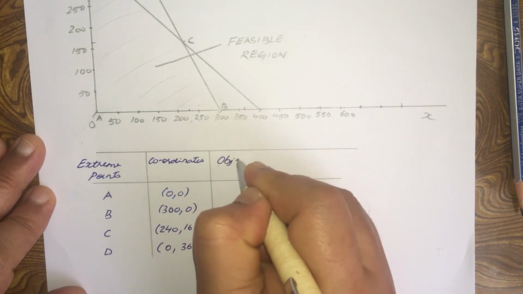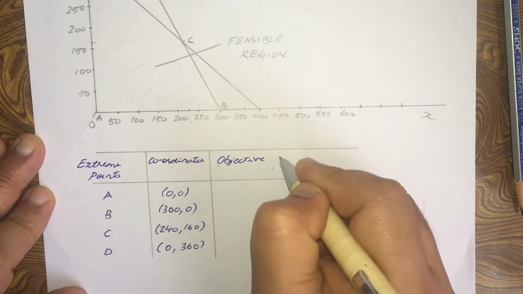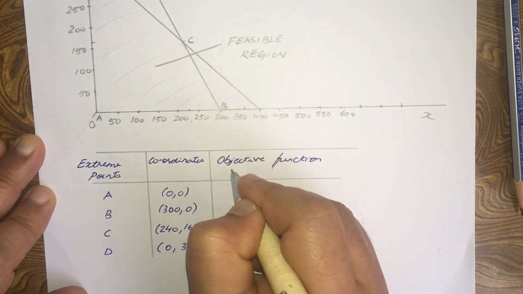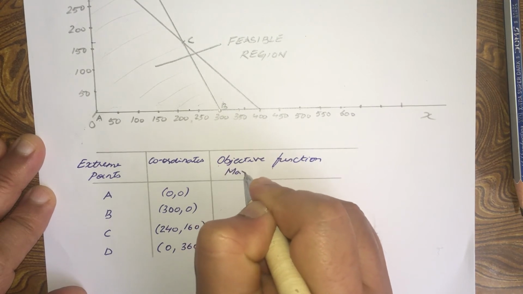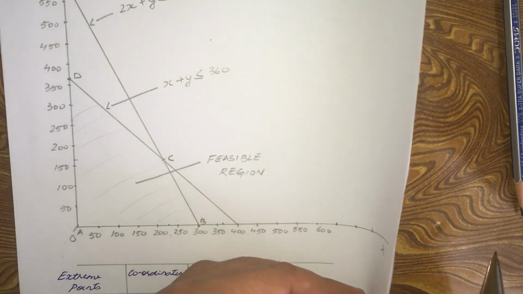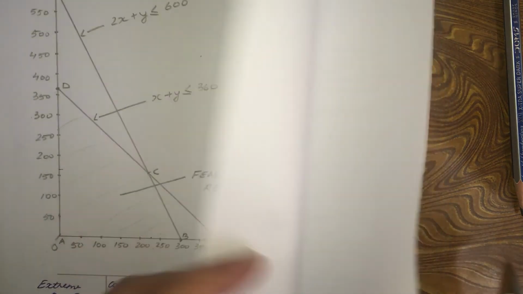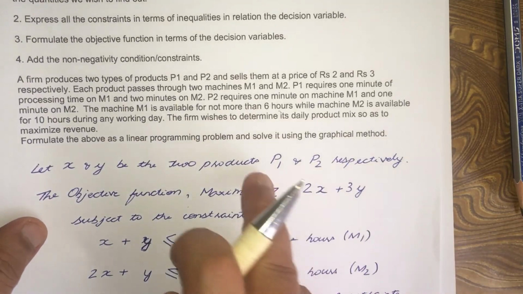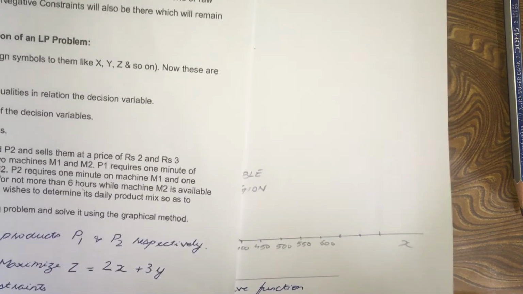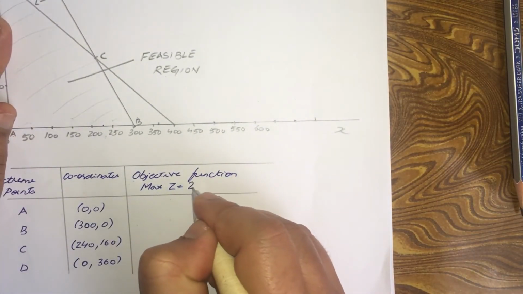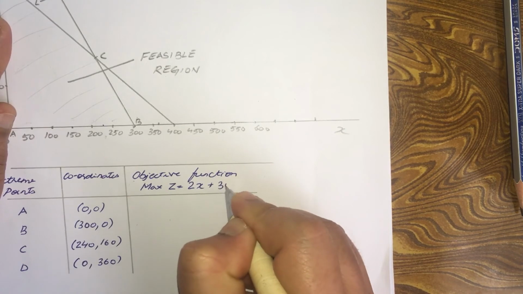The objective function is maximize Z equal to 2x plus 3y.